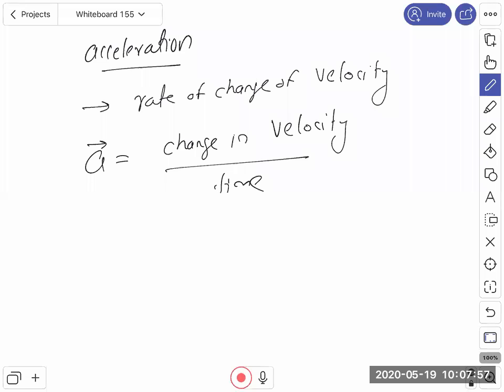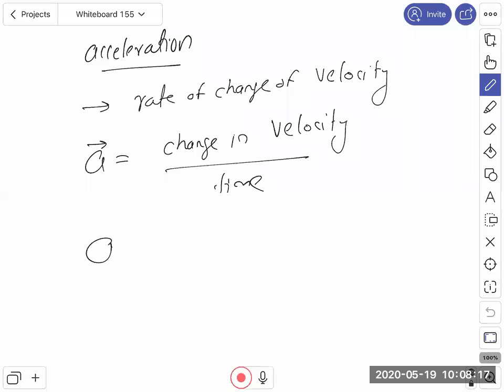So whenever there is a change in magnitude, direction or both, there will be some acceleration. अगर velocity change नहीं हो रहा है तो acceleration नहीं रहता है. Now here also we'll find out acceleration in different situations, like what is a normal equation for acceleration, what is the instantaneous value of acceleration, and what is the average value of acceleration.